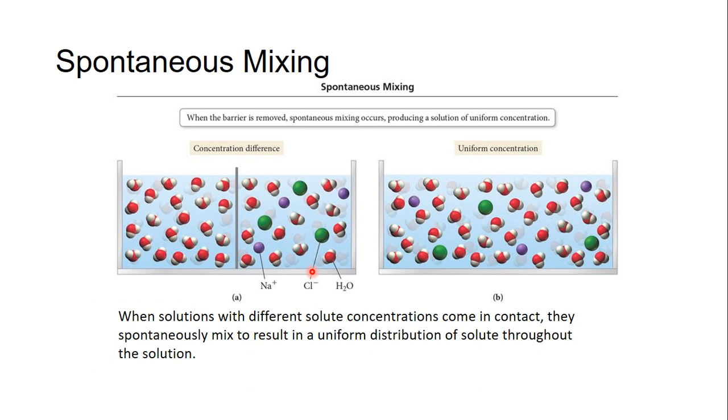Solution 2 is salt water. And so what happens when we remove that partition, spontaneously the salt will spread out so that no matter where you draw a sample of water from, it will have the same concentration of salt. And that is what we may mean by spontaneous mixing.